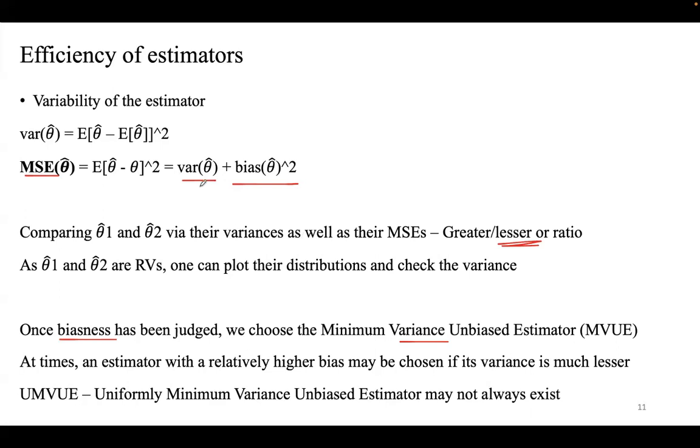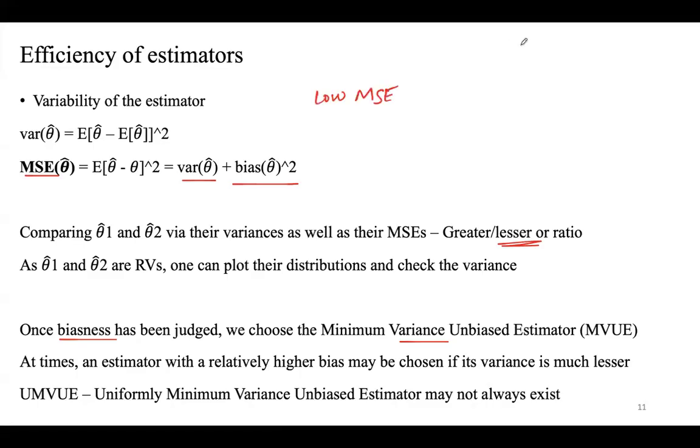If you're choosing something with no bias, but the variance is very high, you ultimately end up increasing the MSE. Let me show you an example. Our aim is to reduce MSE, so we want low MSE.